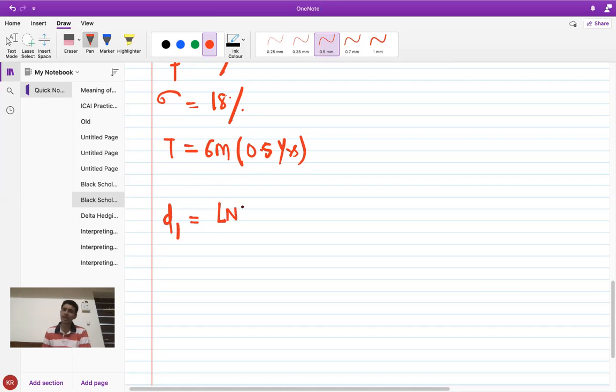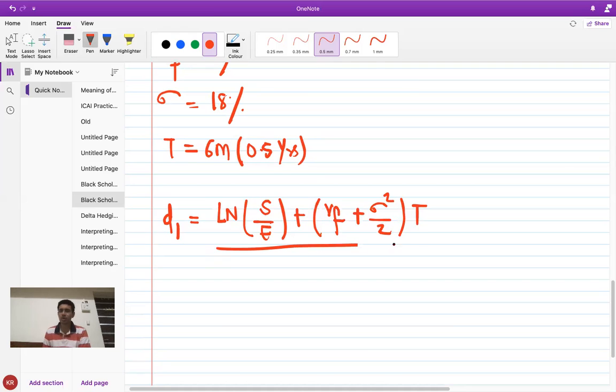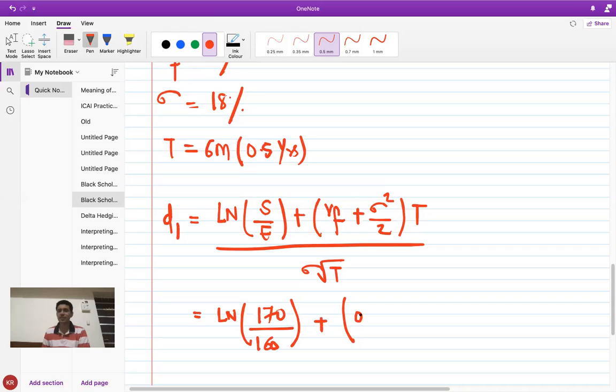D1, again, I'm writing the formula. You also write along with me. Ln of S by E plus (RF plus sigma square by 2) into T, the whole divided by sigma root T. Which is equal to Ln of 170 divided by 160 plus (RF, which is 0.07, plus sigma square, which is 0.18 square, by 2) multiplied by T. T is nothing but 0.5.